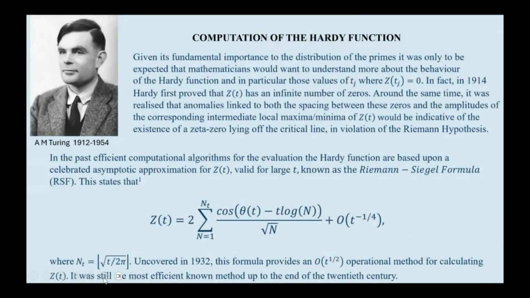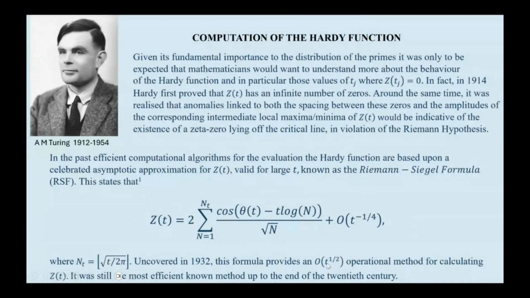I'll emphasize that N(t), the number of terms here, is proportional to the square root of t. So the key point is that this is an order t to the half operational method for calculating Z.